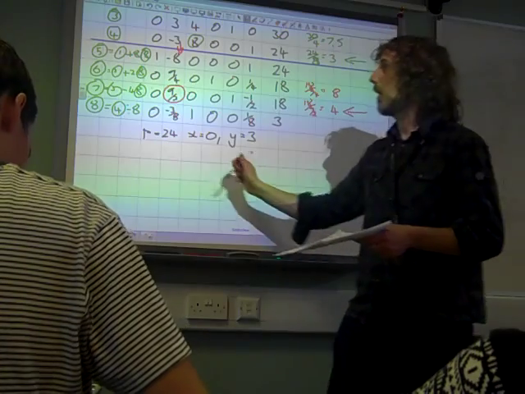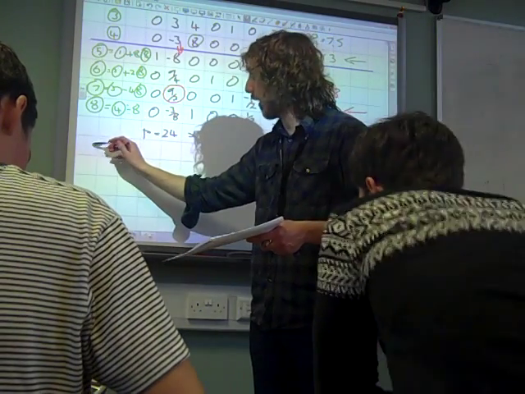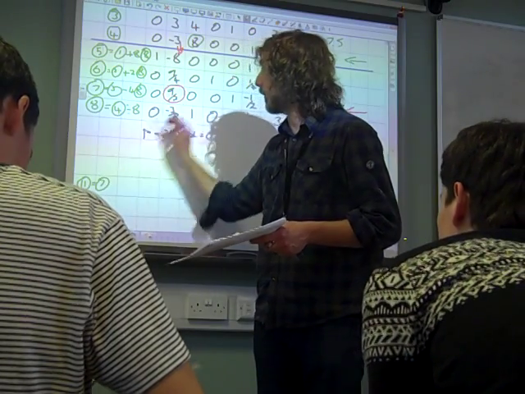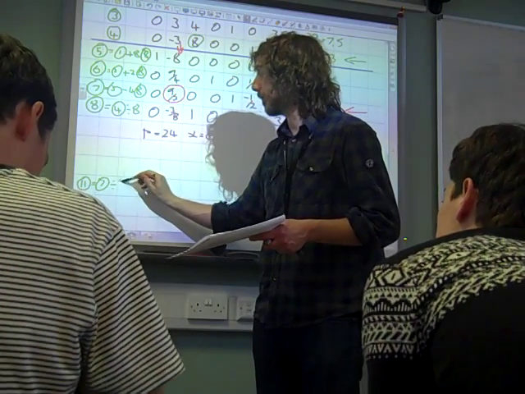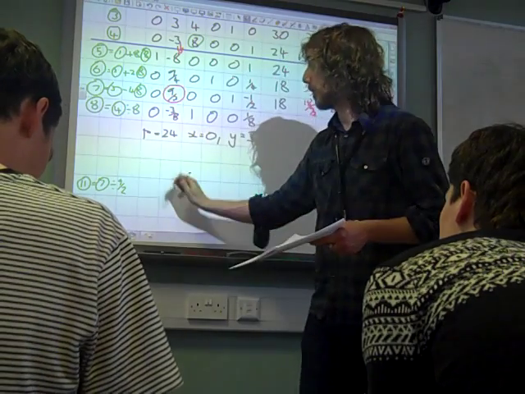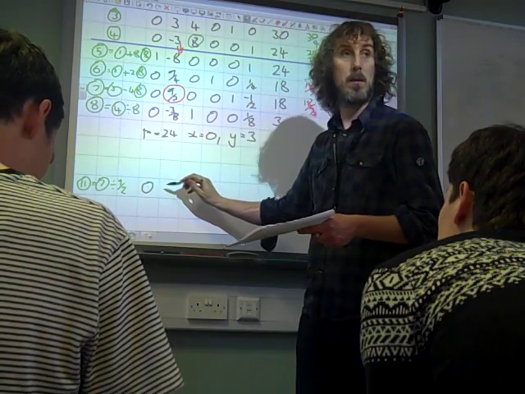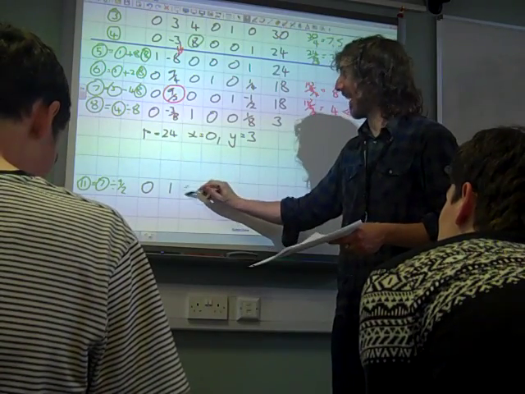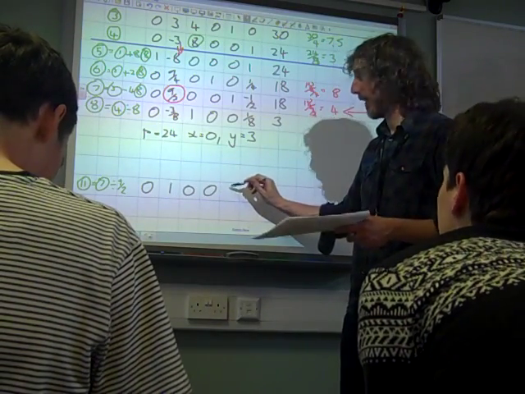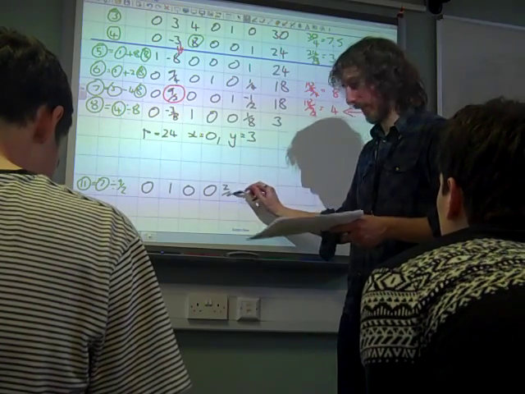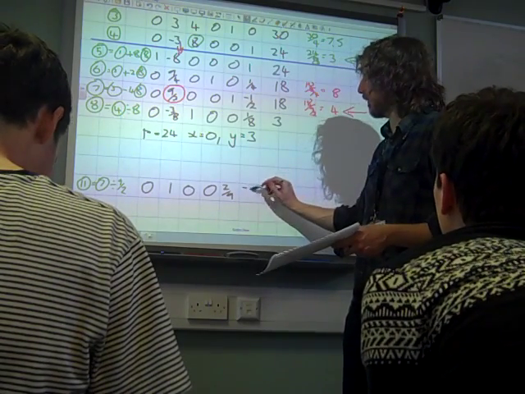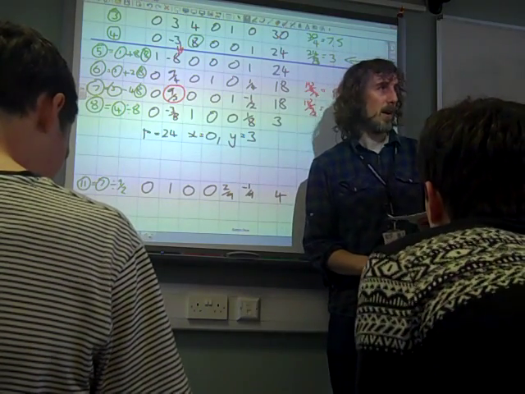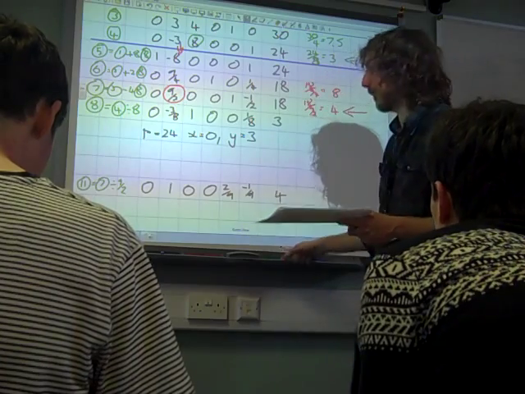And now we do the whole thing all over again. It's horrible, isn't it? So, row 11 is row 7 divided by that number, which gives us 0, 1, 0, 0, 0, 2 ninths, minus a ninth, and 4. Right.